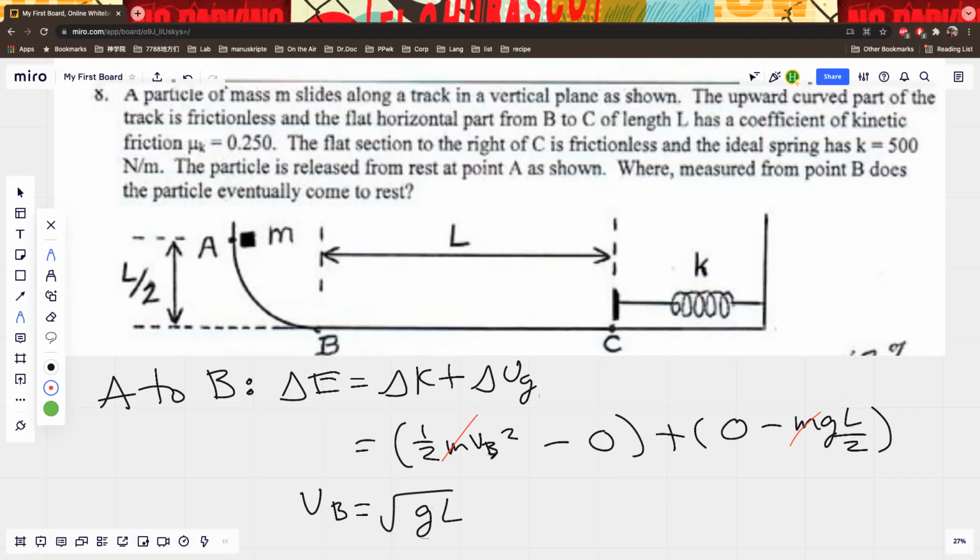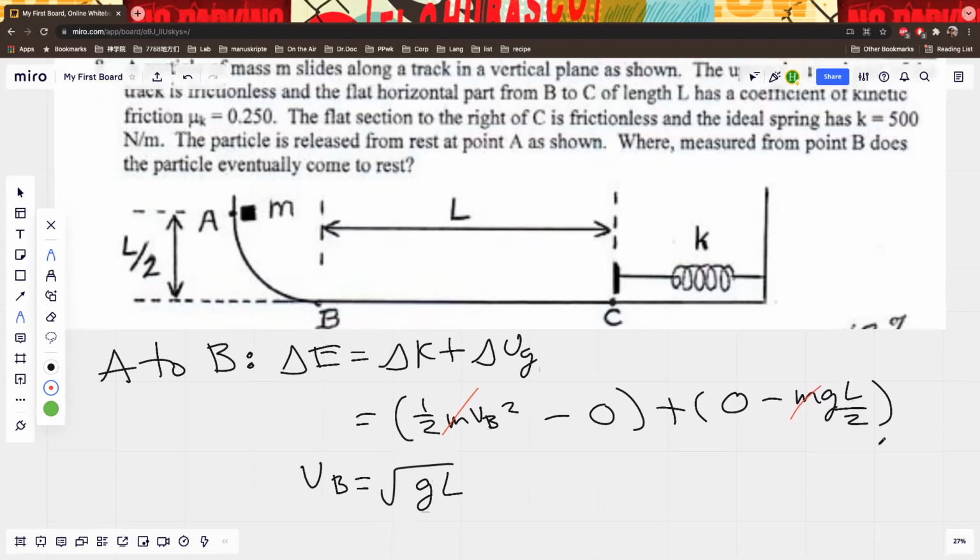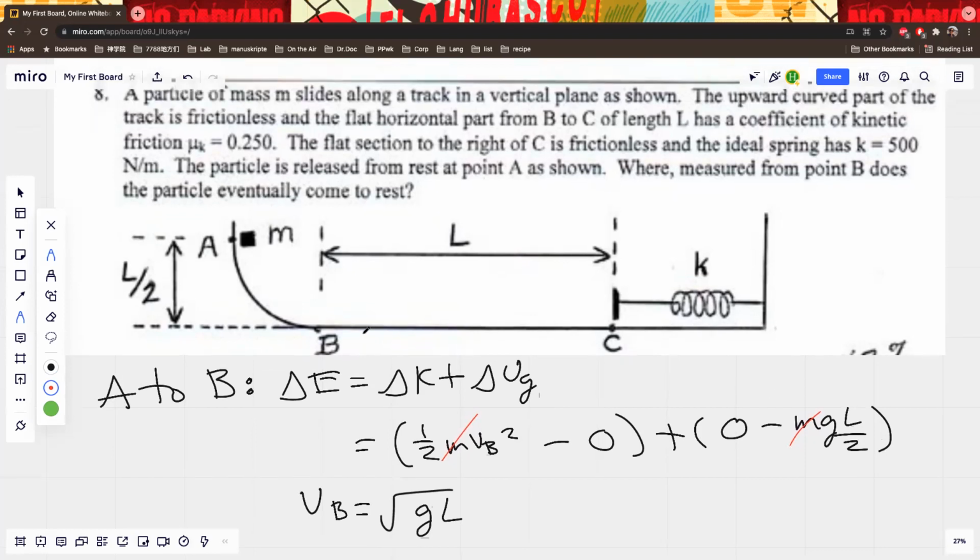So VB squared equals GL, and then we square root both sides. So that's the velocity at point B.